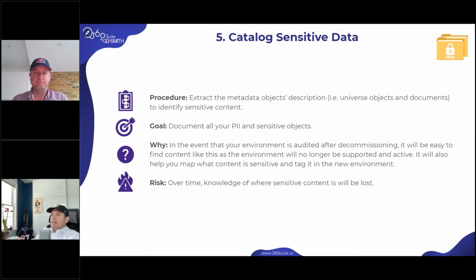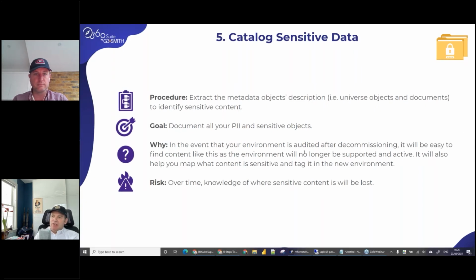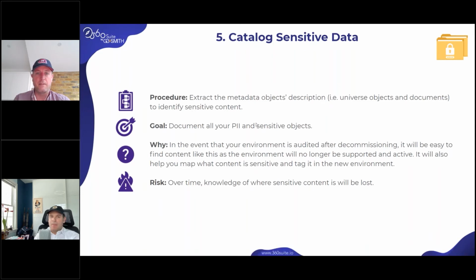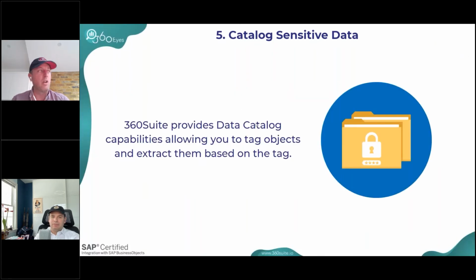So for the next step that we have, it's not necessarily an obvious step for a lot of people, but when you do this type of project, you want to make sure that you catalog all your objects, and in particular, the sensitive objects that you have in your Business Objects. Yeah, absolutely. So again, I talked about security earlier, security of the content, of the objects, of the data, the restrictions.